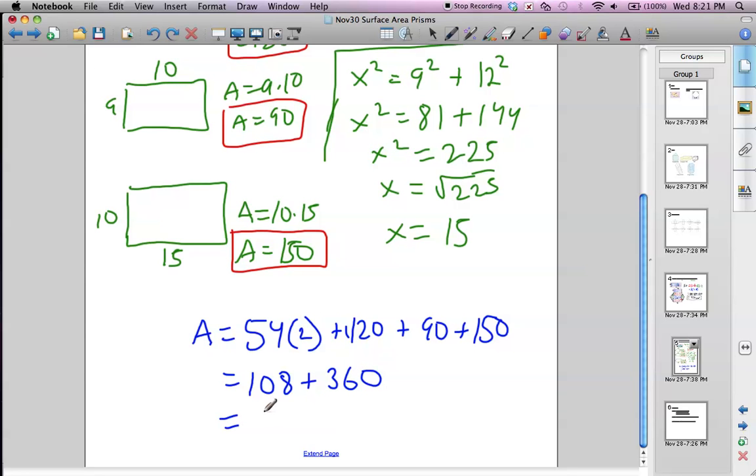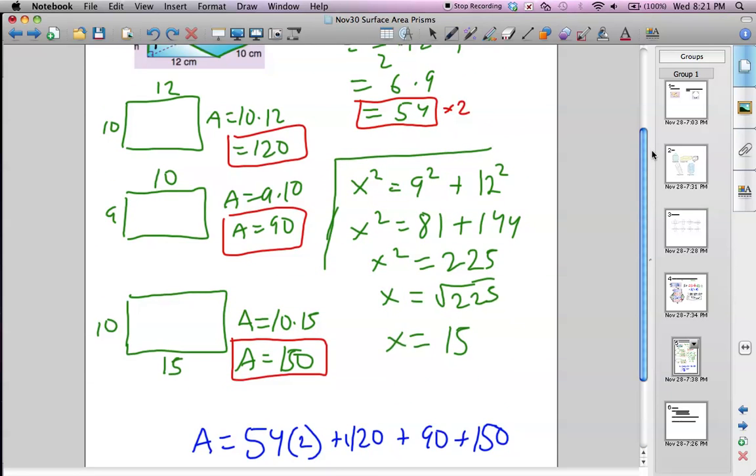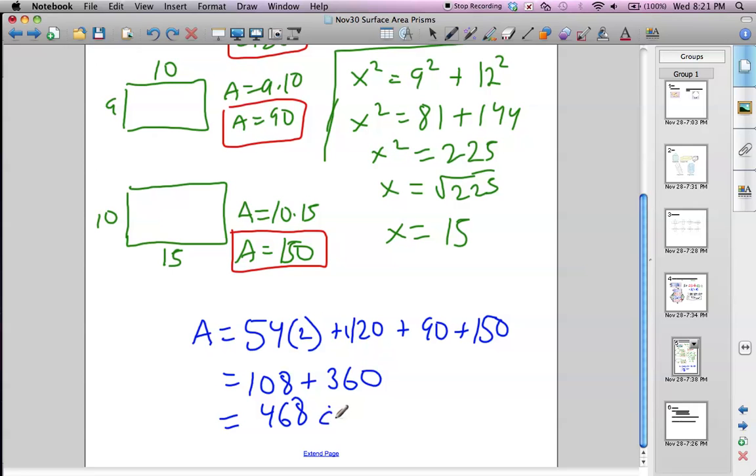Add that together and you're going to have 468, and that's in square centimeters, because surface area is also an area.